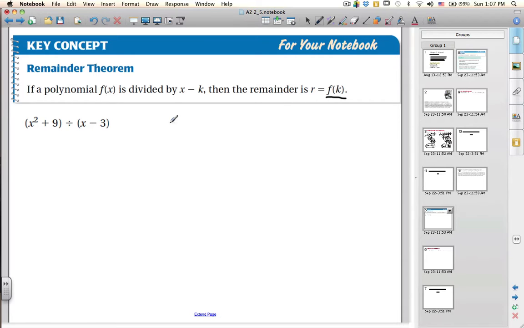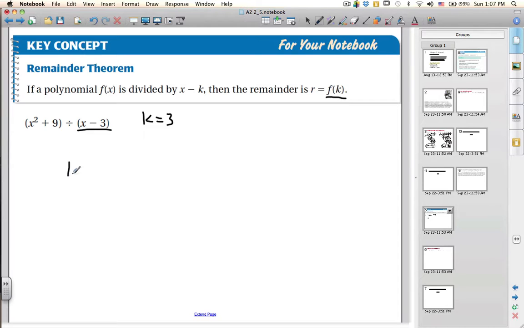In this case, when you look at this binomial, it's x minus 3, so k in this case is equal to 3. If I use synthetic division with this, then I know that my remainder will be the same number as plugging 3 into this.